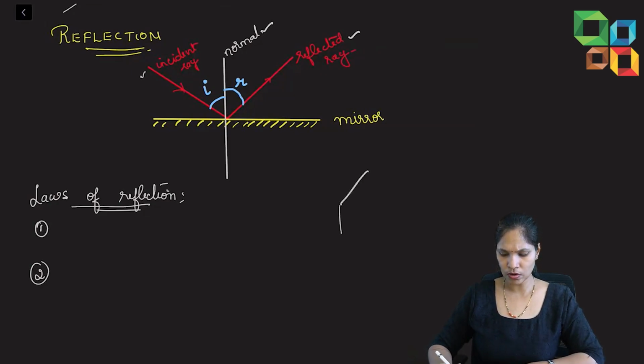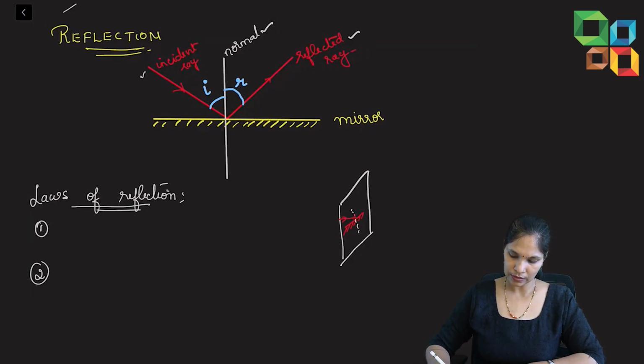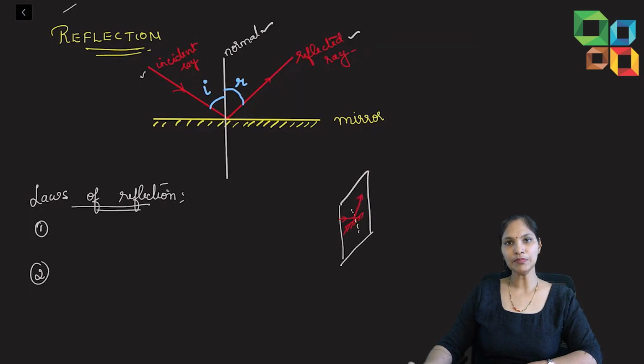Then what does out of plane mean? It's somewhat like this. Say we have a mirror kept horizontal like this, and a ray of light comes and falls on the surface. This is the normal. Now, according to the law, the reflected ray should also be on the same plane, which is true actually.